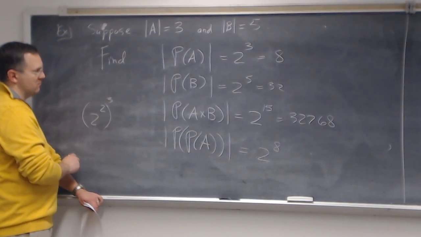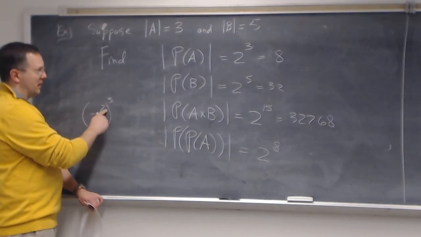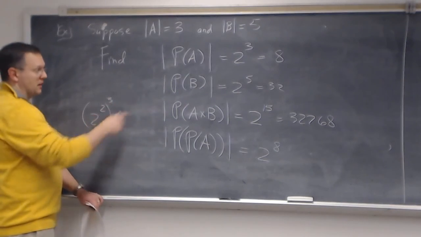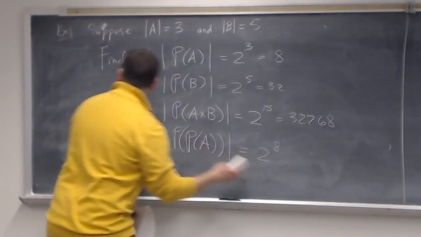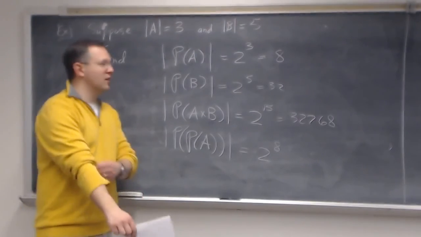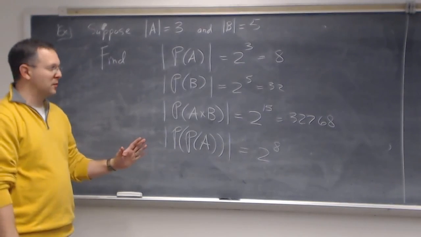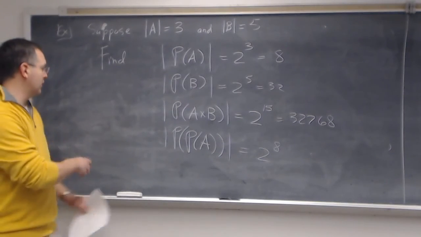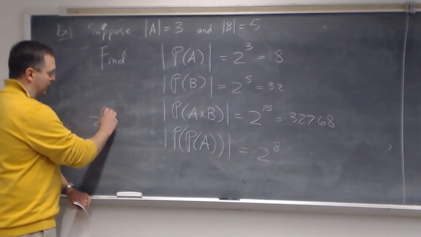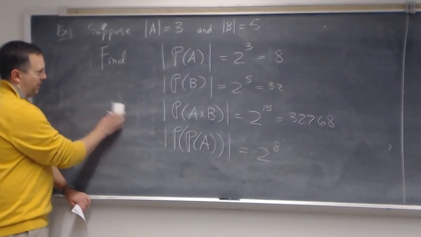If you multiply these exponents, that'd be 2 to the 6th, so it's not the same. That's 2 to the 8th. So when you say 2 to the 2 to the third, it's probably better to say 2 to the 8th, or you have to use parentheses: 2 to the parentheses to the third.